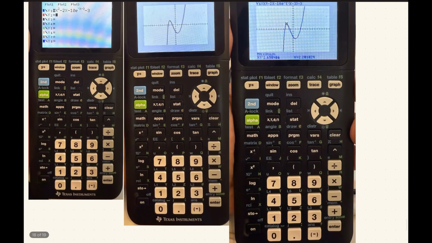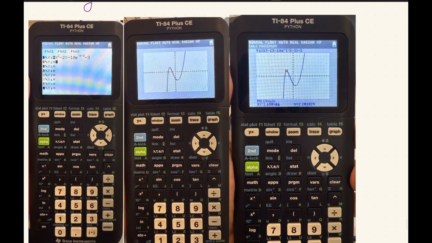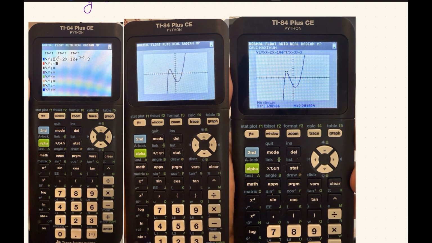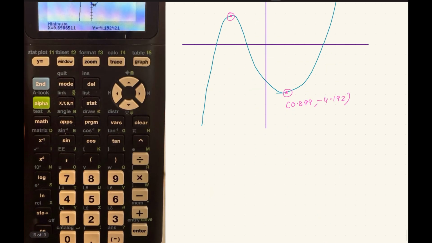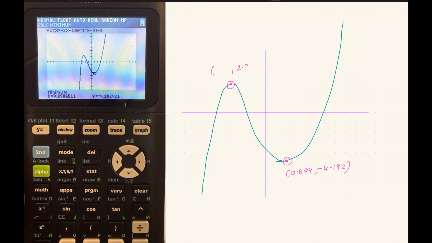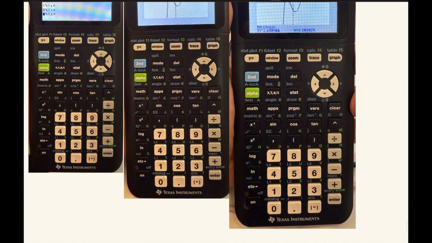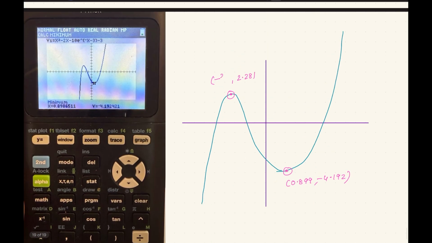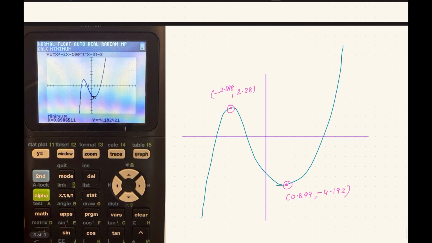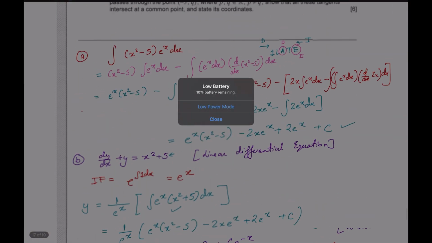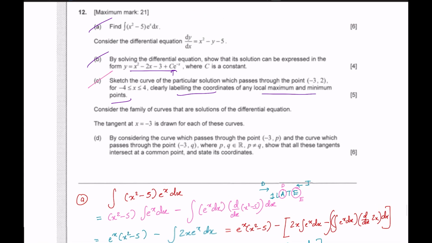And the maxima I have shown here, minus 2.698 and then 2.281. So 2.281, minus 2.698. Yes. So that is the answer to part C.